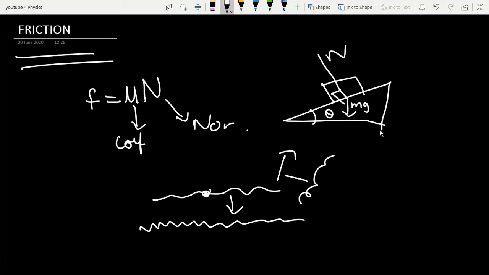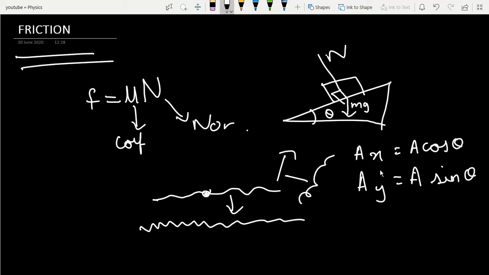In this case, we will resolve the vectors. For resolving the mg vector, we would have to multiply it with cos theta. We all know that Ax is equal to A cos theta and Ay is equal to A sin theta. So on the x axis it's A cos theta and on the y axis it's A sin theta.